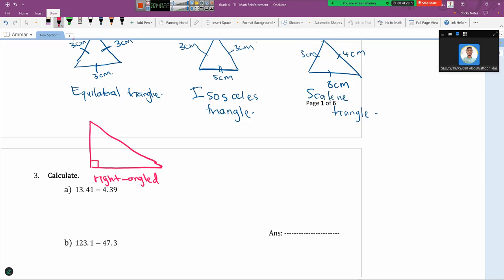And let's say all these angles are acute. Acute angle, obtuse angle, and right angle. What is an obtuse angle? Obtuse.